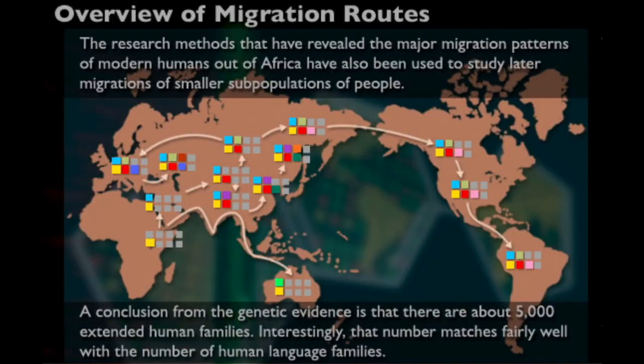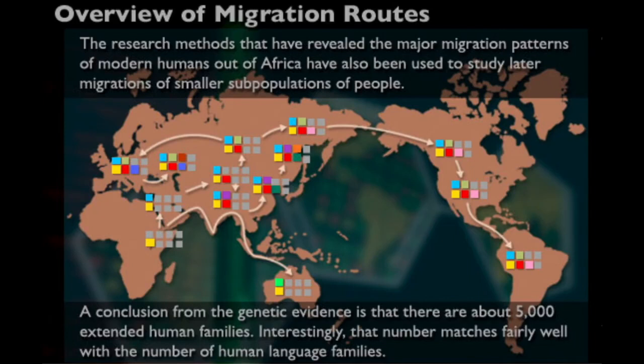If you look at this portion, it can reveal the different migration patterns or routes that modern humans have taken during the exodus out of Africa. And this genetic evidence shows that there are about 5,000 extended human families.